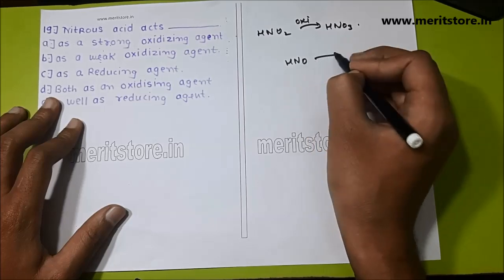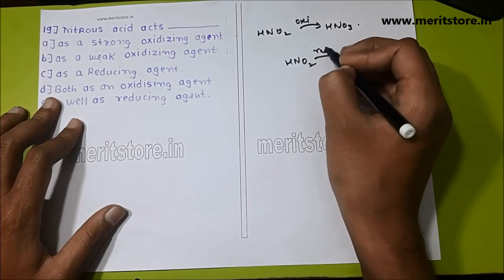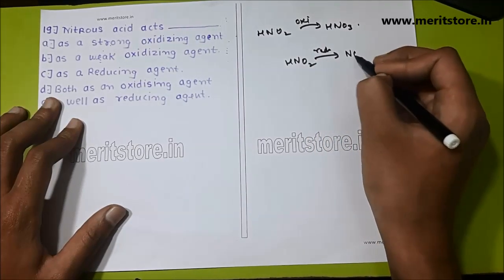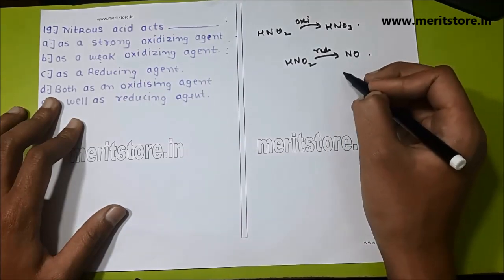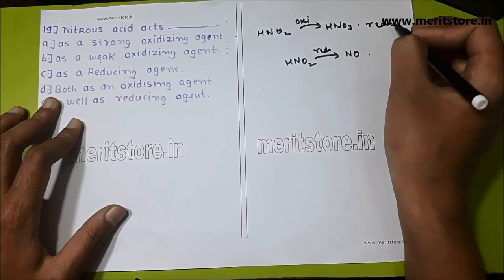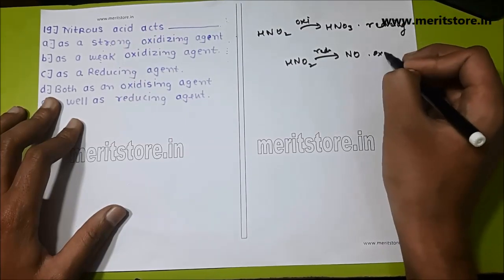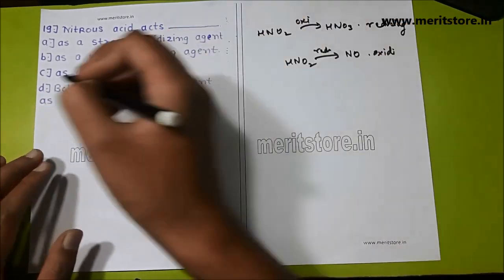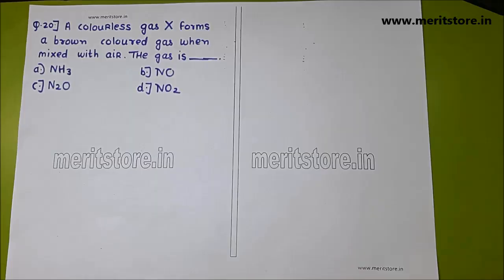HNO2 can also be reduced to NO easily, so it is an oxidizing agent. Here it is acting as a reducing agent and here as an oxidizing agent. So option D is the correct option.